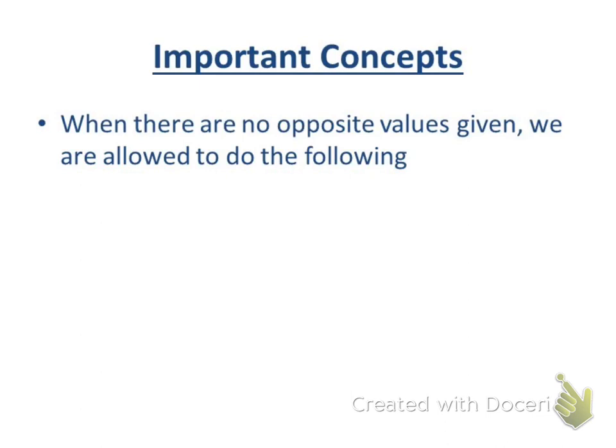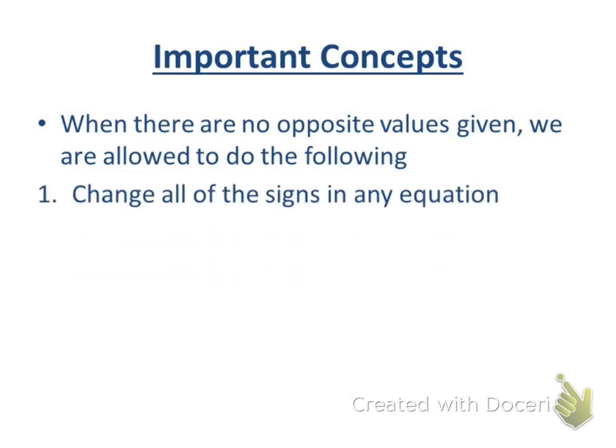We're allowed to change all the signs in any equation. That's the same as multiplying everything by negative 1, right? But a lot of times all you have to do is change a sign to get opposite coefficients. If you had 5x and 5x, then if you change all the signs in one of the equations, you'd have 5x and negative 5x. So that would work, right?